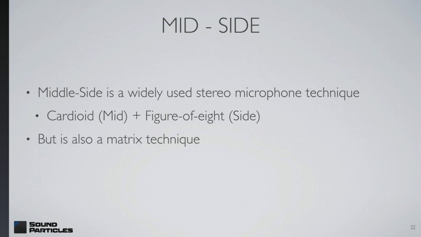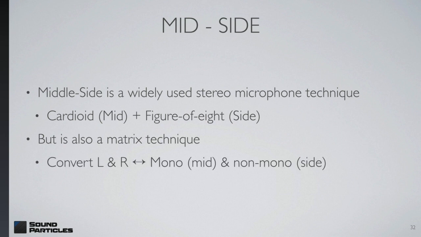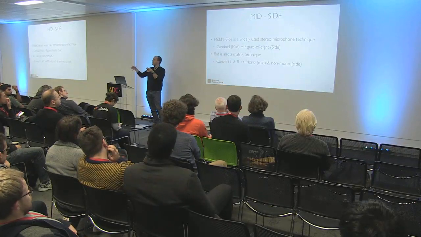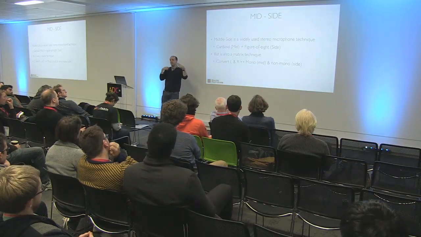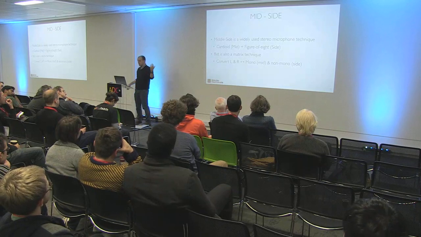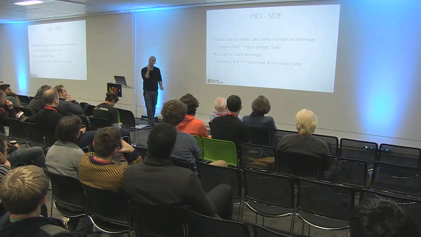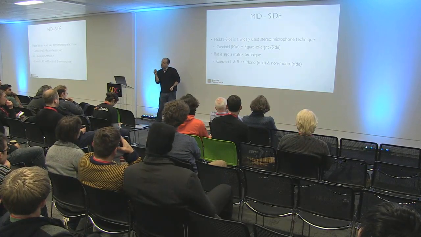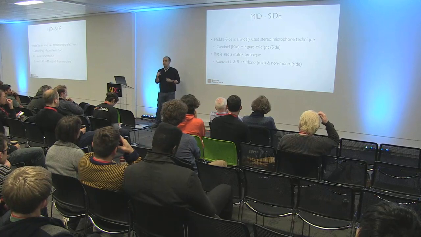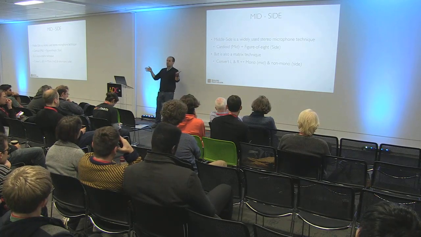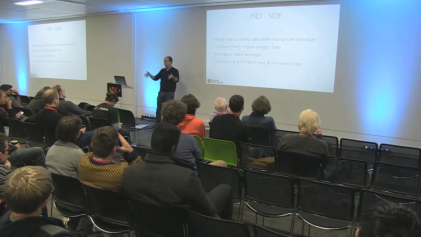But besides being used as a mic technique, this can also be used as a matrix, which means that you can convert a left-right audio stream into mid-side, like mono and non-mono components, and you can convert back into left-right. For instance, mastering engineers use this a lot. Imagine that you want to apply some equalization to the voice, but the mix is done, you already have the final stereo.